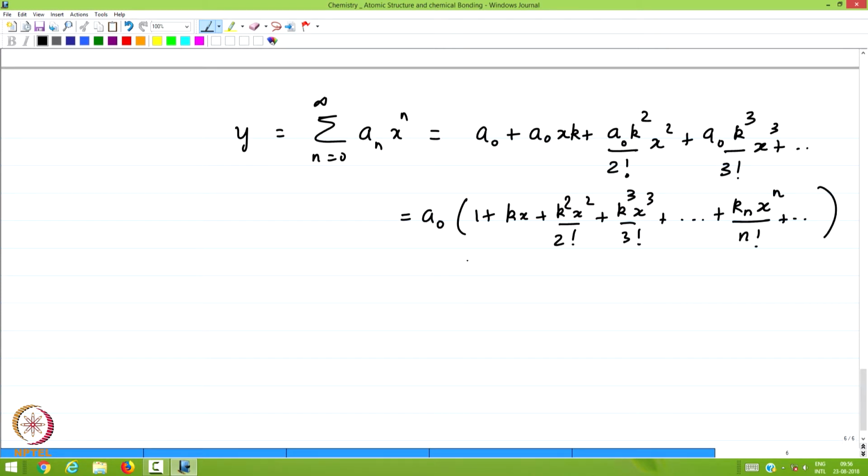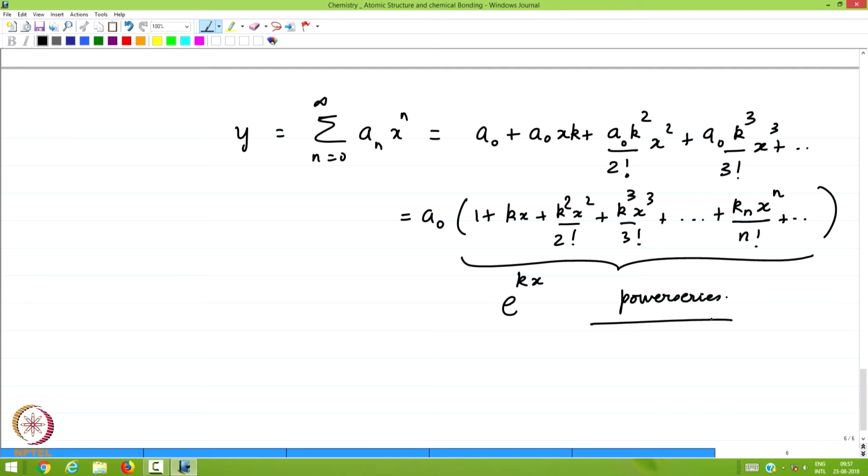See, this is nothing but the exponential kx. This is the power series for exponential kx. Therefore, y is equal to a naught e to the kx, where there is one constant undetermined, is the solution to the differential equation dy by dx minus ky is equal to 0.